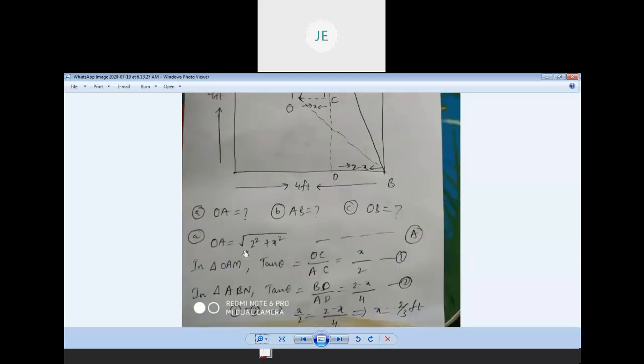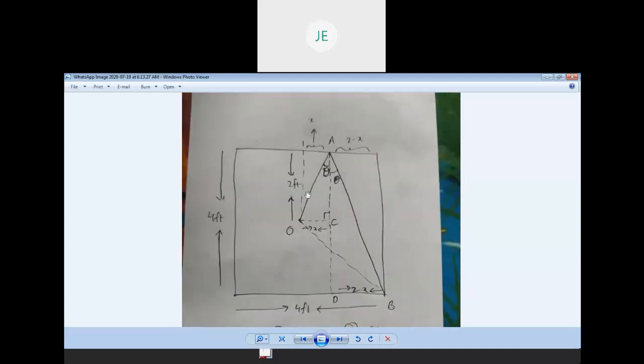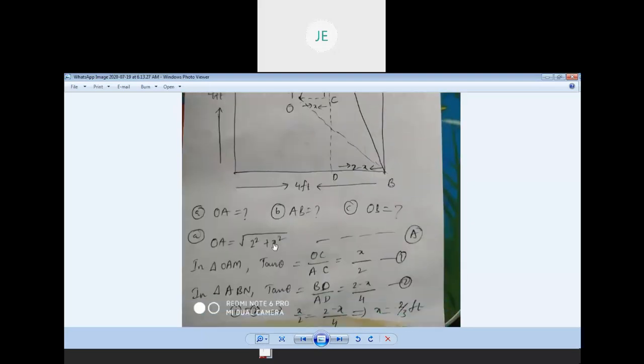Then OA is equal to square root of 2 square plus x square. If we know x, we can find OA.